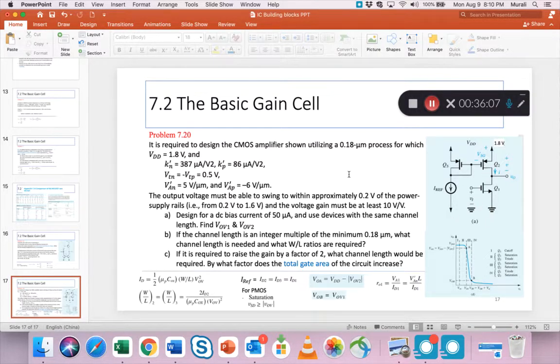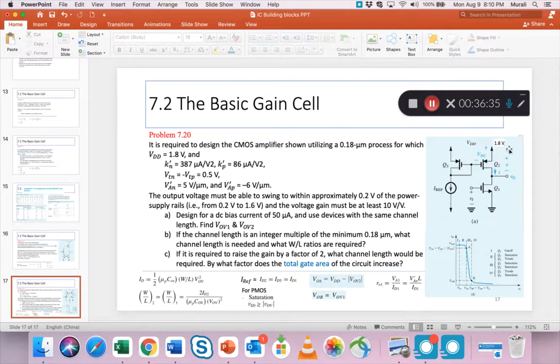So let's get to it and do the CMOS amplifier problem 7.2. This is quite similar to what we already saw in the example, so the steps will be similar. But since it's an important topic, I thought extra practice would be helpful. So again, it's a 0.18 micrometer process.